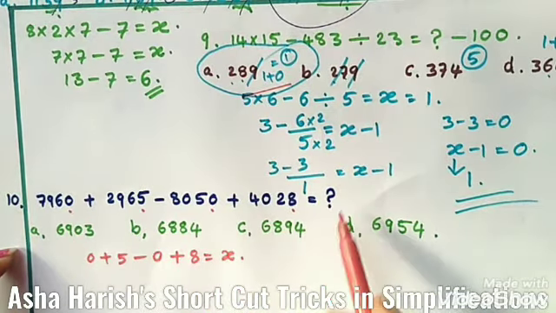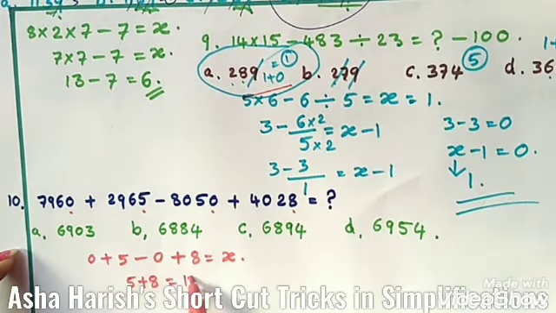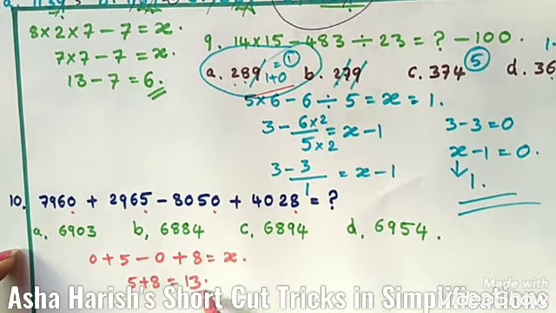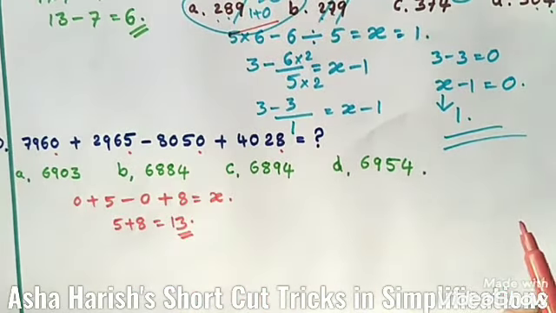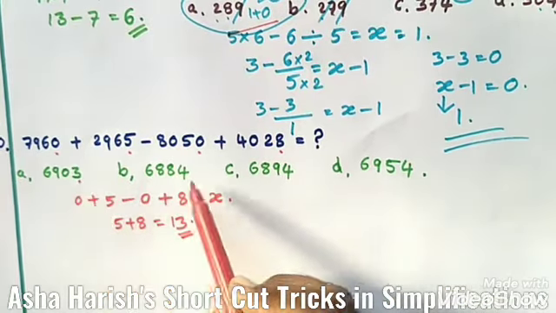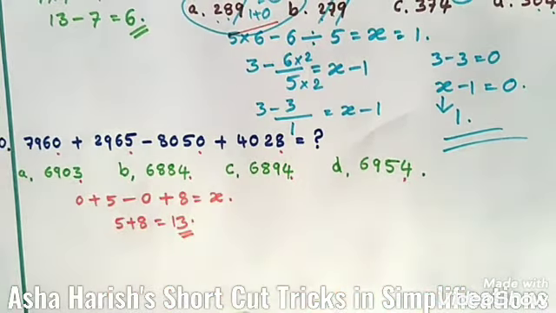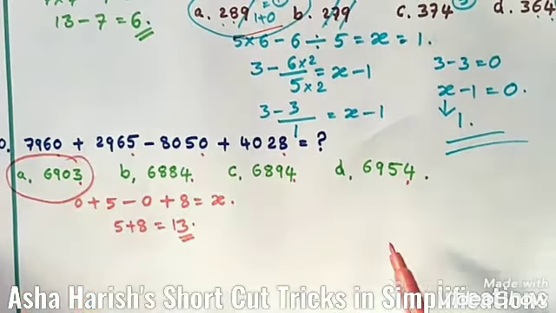Now 5 plus 8 is equal to 13. So in this 13, the units place is 3. Now if you focus on the units places of the options also, here 3, here 4, here 4, here 4. Now this is the unique answer, so that is the correct one.